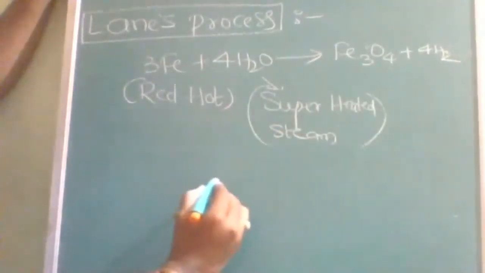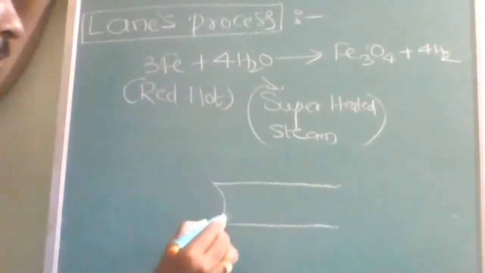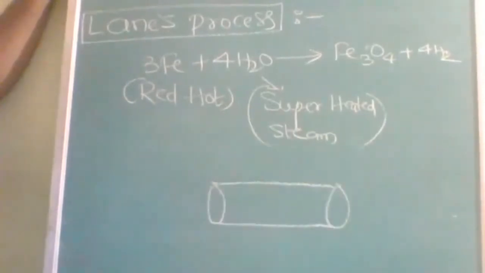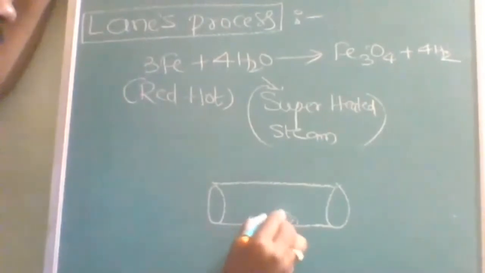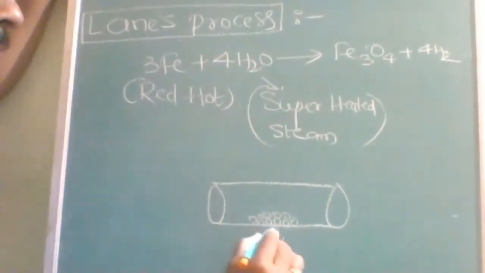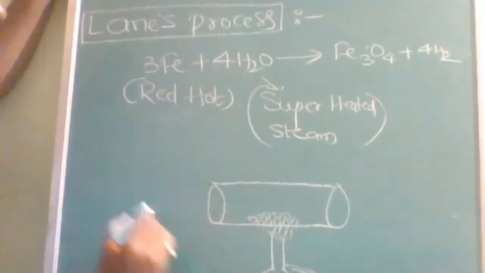We will take a tube like this. Here iron pieces are kept, and they are made red hot by continuously heating.